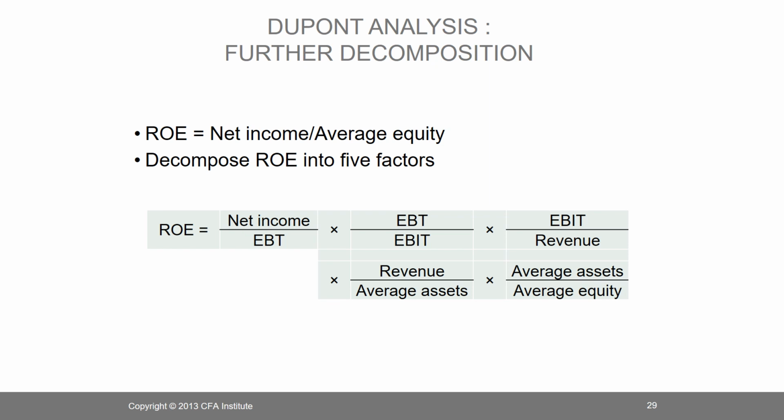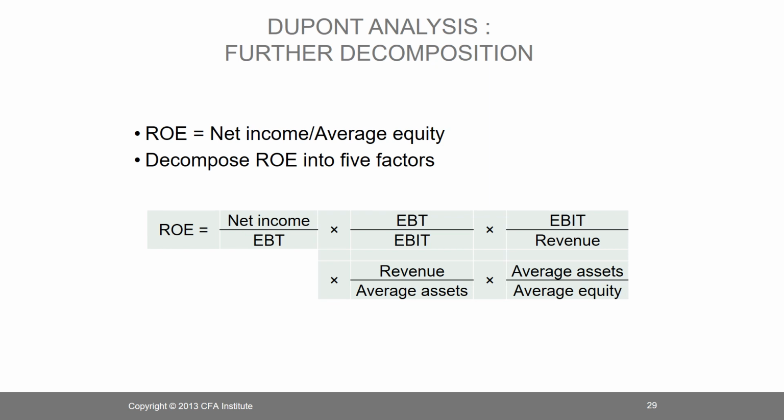This can be interpreted as return on equity equals tax burden multiplied by interest burden multiplied by EBIT margin multiplied by total asset turnover multiplied by leverage. Now the tax burden, which is net income divided by earnings before tax, measures the effect of taxes on return on equity.